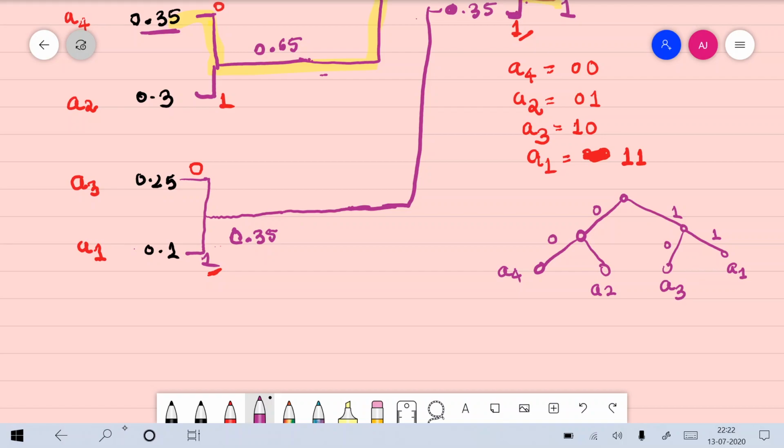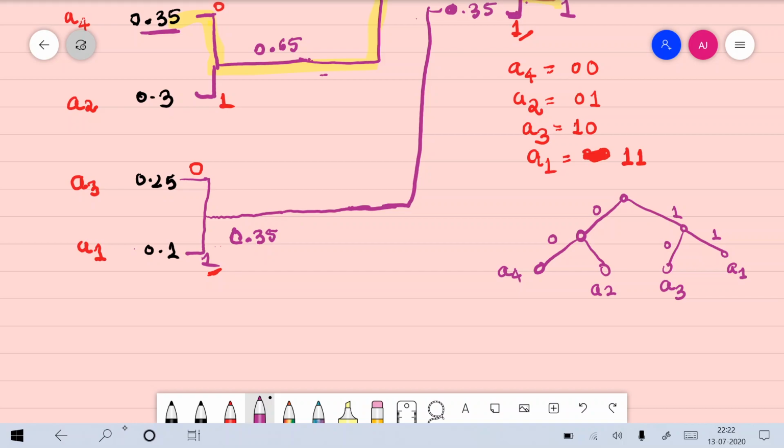So you can see that the tree is very balanced. This is the minimum variance Huffman tree, and the technique in which the most recently clubbed symbols are taken at the uppermost position is called the minimum variance technique.